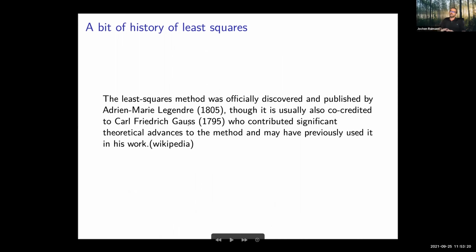So this is the so-called least square method, where we essentially mean to minimize the least squares. This was officially discovered by Adrian Marie Legendre in the early 19th century, and is co-credited to Carl Friedrich Gauss, who we all know from the development and description of the normal curve.